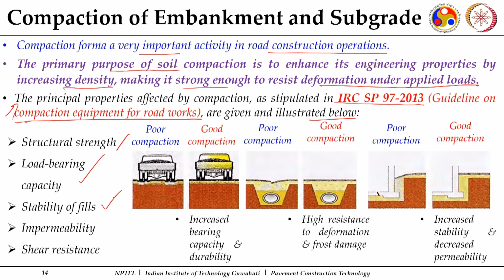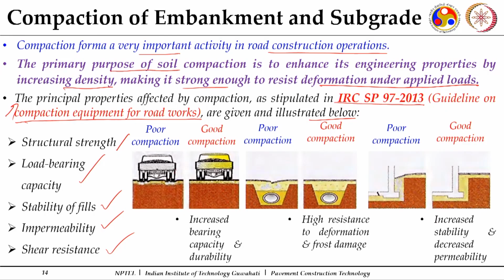When a lot of filling has to be done, the stability of the fills matters. It makes the soil impermeable so that water does not enter into your pavement structure easily. When you increase the density, the impermeability increases, and the shear strength of the soil increases.